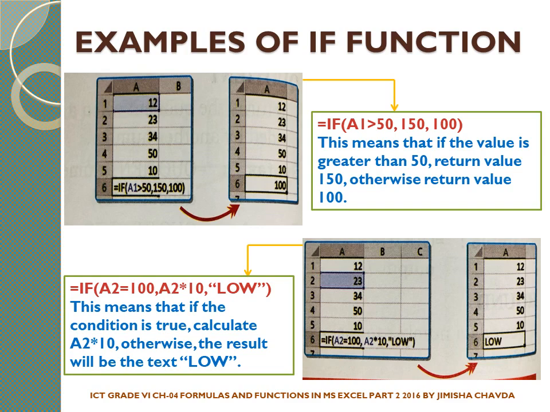In the second example, the condition taken is equals to IF(A2=100, A2*10, "low"). This means that if the value in the cell address A2 is equal to 100, then that value will be multiplied by 10. And if it is not, then the result will be the text low.